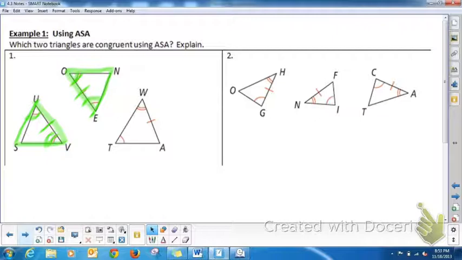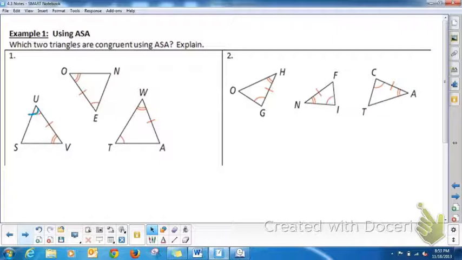But it's also marked that UVS and EON have congruences that correspond to this third triangle, TWA. Well, what's the problem with TWA?